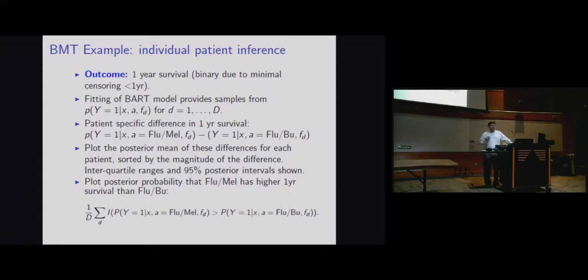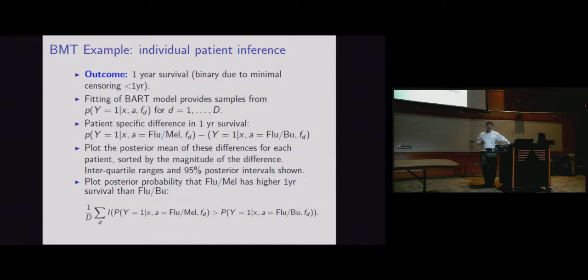So we fit the BART model, just like you would have done based on the rest of today. And that essentially gives us samples for the probability that y is equal to 1 given a certain set of covariates, a certain treatment, and a certain function across those MCMC runs or samples.